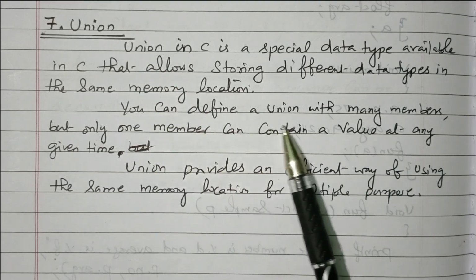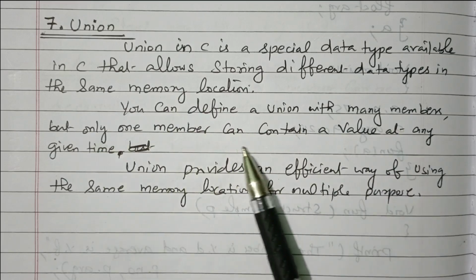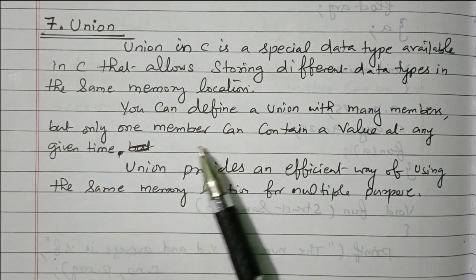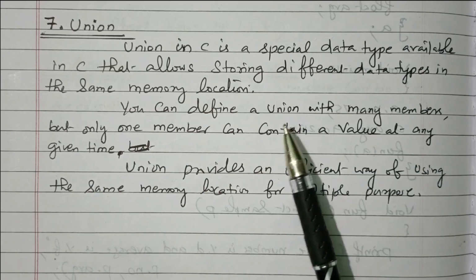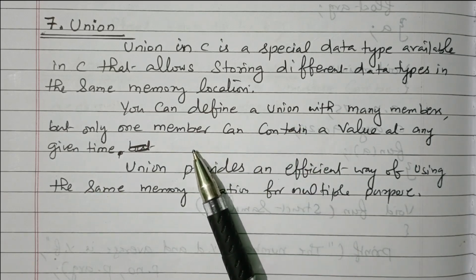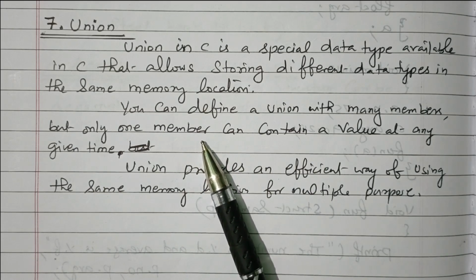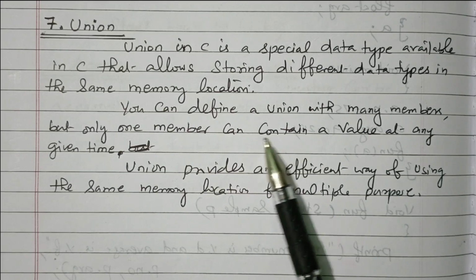You can define a union with many members, but only one member can contain a value at a given time. So we can define the union with many members. For example, if 5 data types are available, the member which we access last is the only data stored in the memory. Only one member can contain a value.